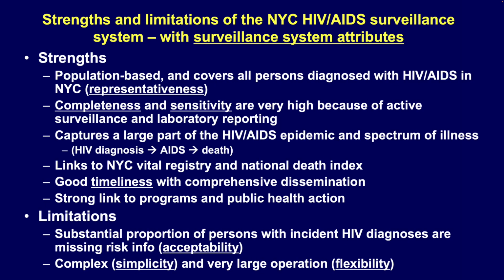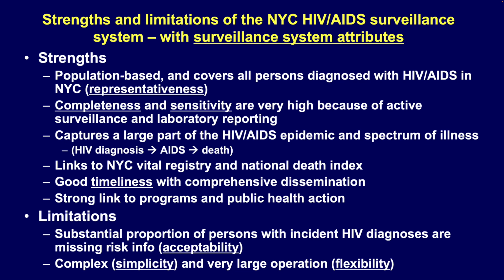So before we wrap up, let's consider some of the strengths and limitations of New York City's HIV/AIDS surveillance system, along with some of the relevant surveillance system attributes that we covered earlier and that are underlined here on the slide. So New York City's HIV surveillance system's strengths include that it's population-based and it covers all people with diagnosed HIV/AIDS, which makes it highly representative.